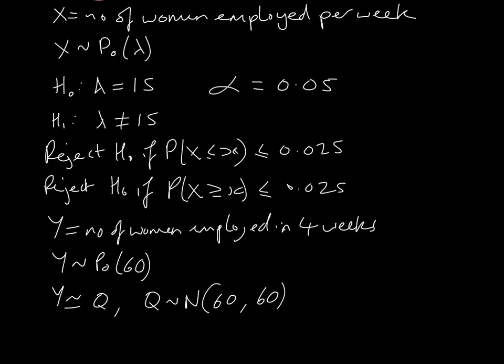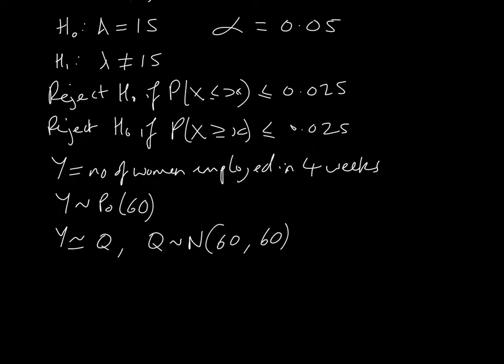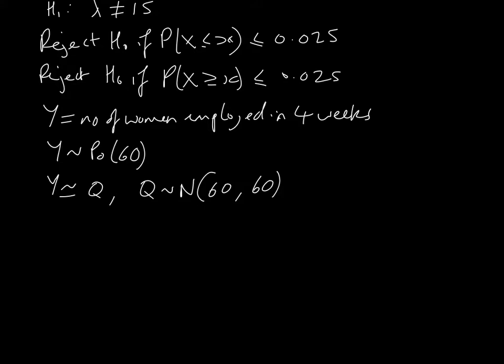Now our observed value is that 70 women were employed in a 4-week period. So we're finding the probability that Y is greater than or equal to 70.